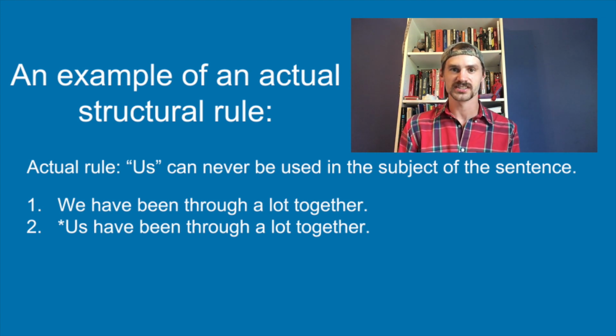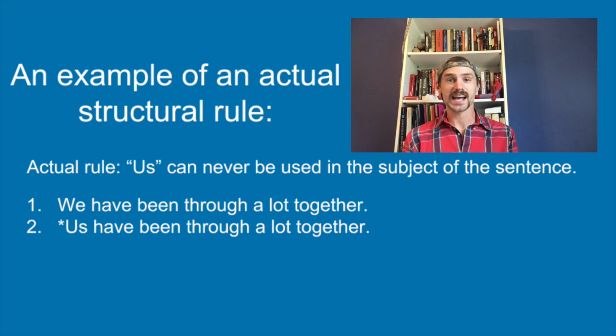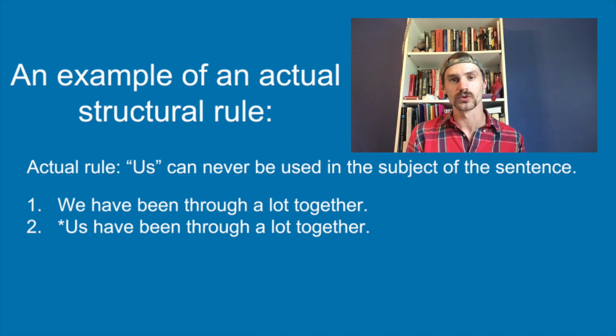For syntacticians, the asterisk denotes an ungrammatical sentence. And here it's obvious that no native speaker of English would ever be tempted to make this mistake because it just sounds so bad. That's what I'm talking about when I say rules. As native speakers, it doesn't take any effort to follow the actual rules of the language. Those rules are just ingrained in our head and we do it naturally.